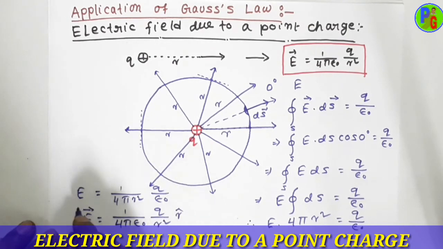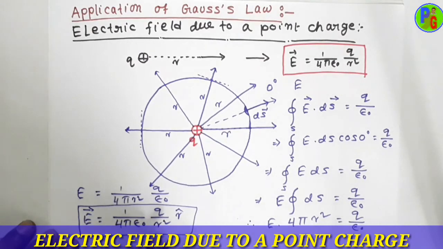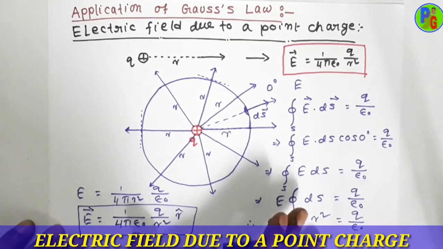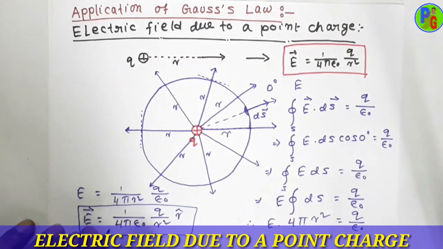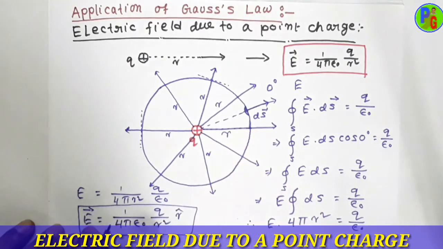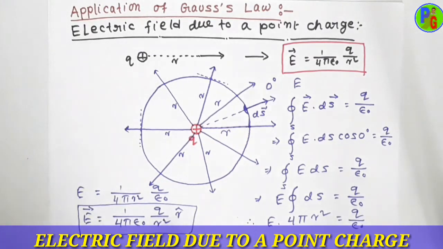Using Gauss's law, I came to the electric field equation due to a point charge. This is also called the derivation of Coulomb's law from Gauss's law, because it comes from Coulomb's law. If you put another charge here, then you can write it as F and put the value of the charge here, which gives the force between two charges. So this was the process of using Gauss's law to find the electric field due to a point charge.